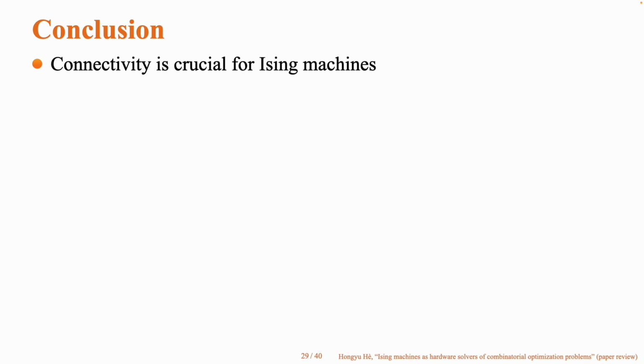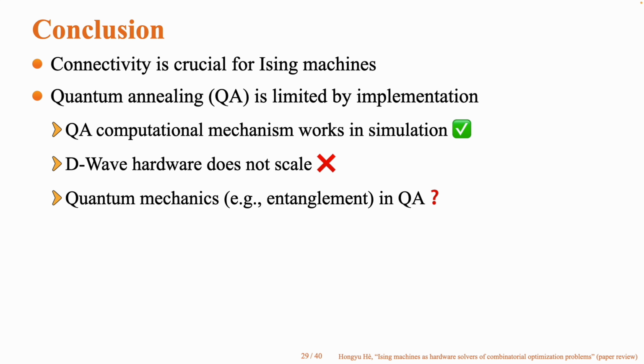I think the connectivity is really crucial, as pointed out by the authors. For Ising machines, it really dictates their performance. And quantum annealing is limited by implementation, not necessarily by the computational model mechanism they have. Also, how much the quantum mechanisms contribute is still a question.